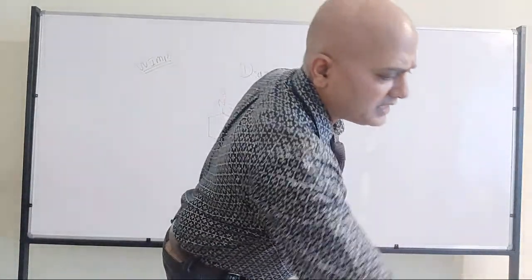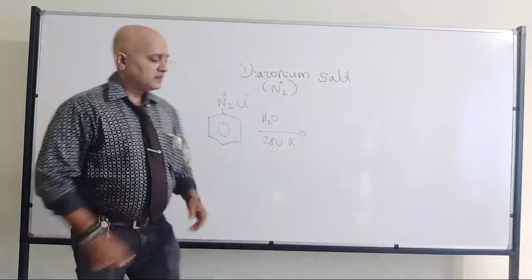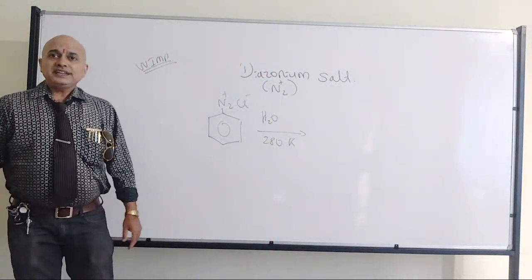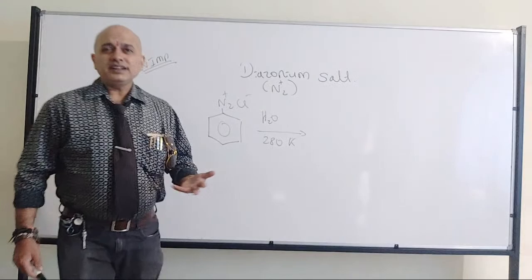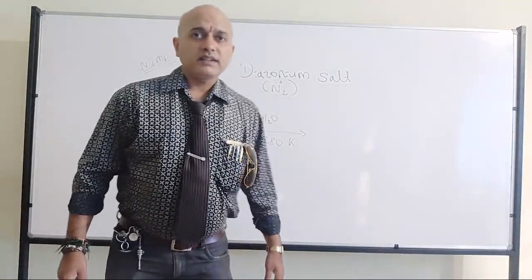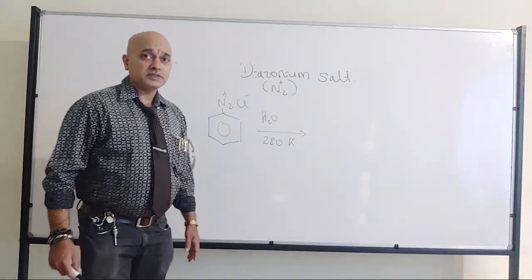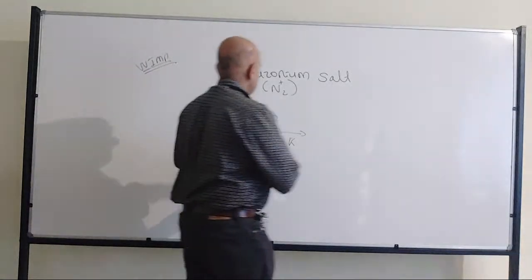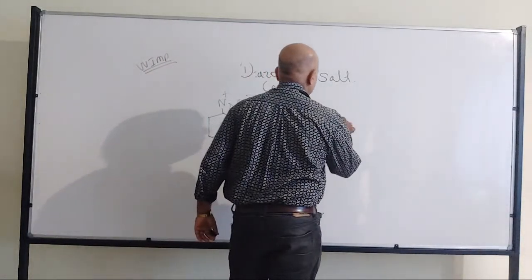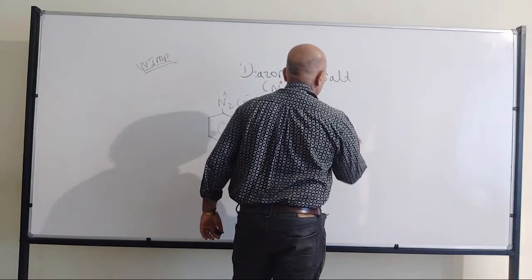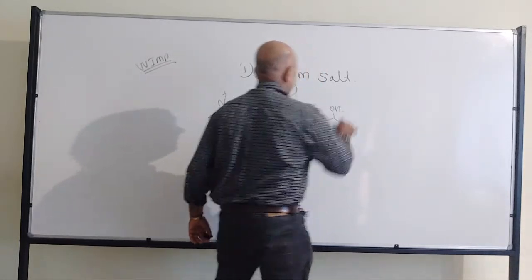280 is not a high temperature, please remember. 280 might be somewhere around more than 5 degrees Celsius. Even to that temperature, if I expose them, they will get hydrolyzed as phenol, OH.